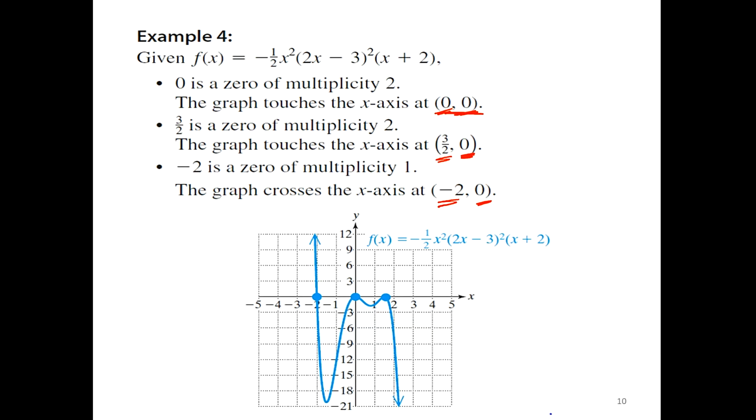Looking at the graph, we have the points minus 2, 0, and 0, 0, and 3 over 2, 0. These 3 zeros are also the x-intercepts. This is also the value of the x-intercept.